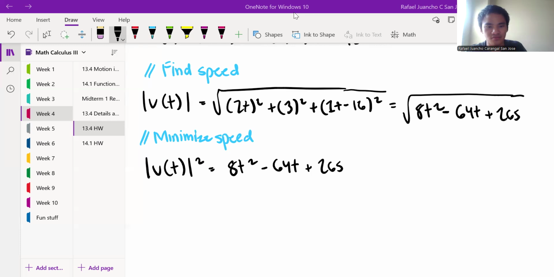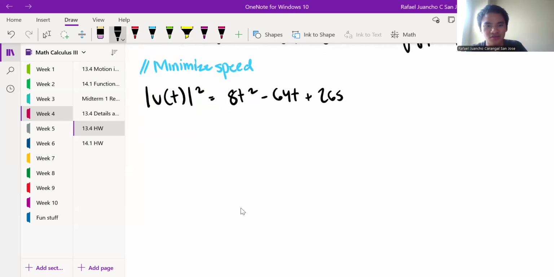Let's do d dt of this thing. So I get 16t minus 64. And I set my derivative exactly equal to 0. Am I doing it right?